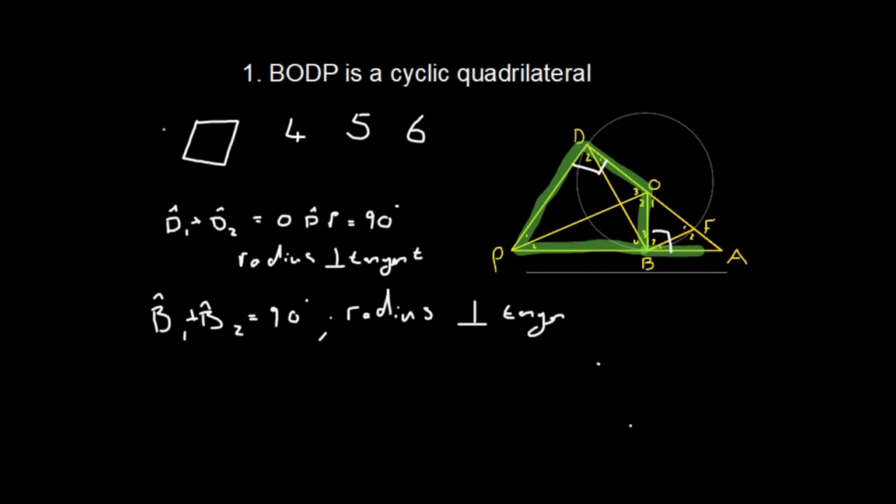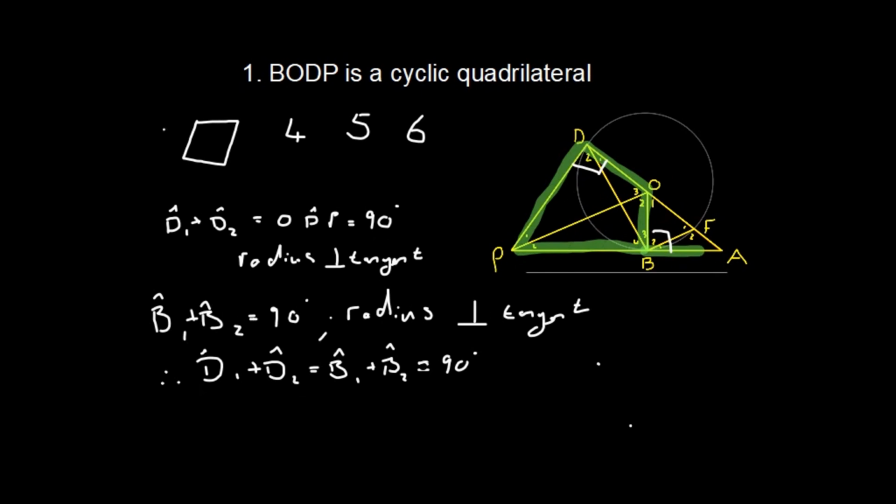All right, and now for the proof. This is the converse of theorem 5 here. We can say, therefore, D1 plus D2 is equal to B1 plus B2. We don't have to give a reason there. We've both proven they are 90 degrees. We could just, for ease of mind, say equals 90 degrees. Sorry, just want to correct the symbol here. There we go, equals 90 degrees.